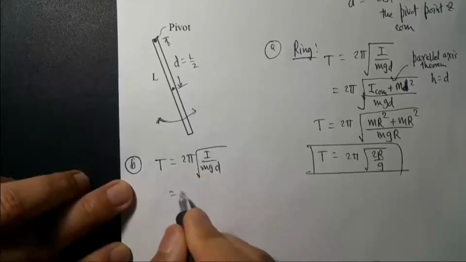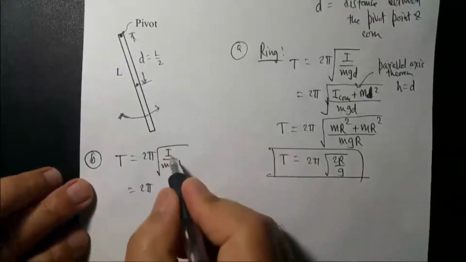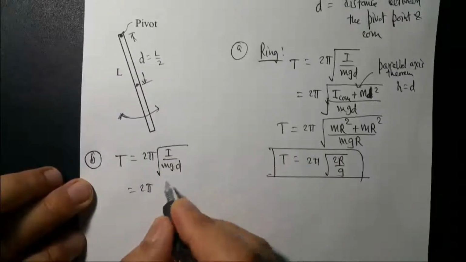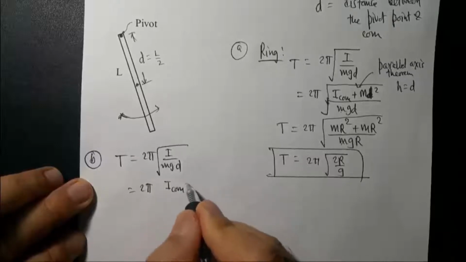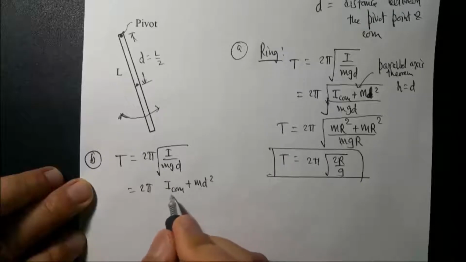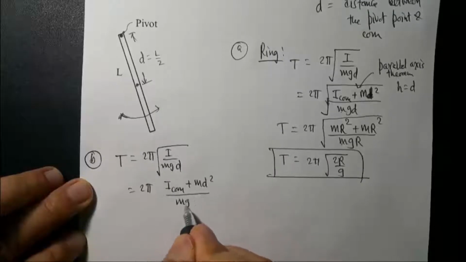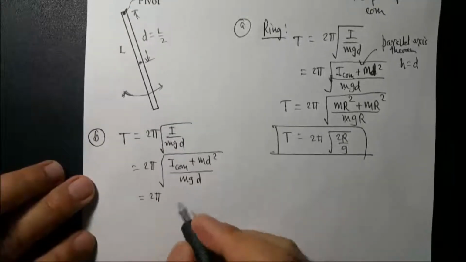I is the moment of inertia about the pivot point, which you will have to find again using the parallel axis theorem: I is the moment of inertia about the center of mass plus m d squared, divided by mgd, and just put in the value of d.